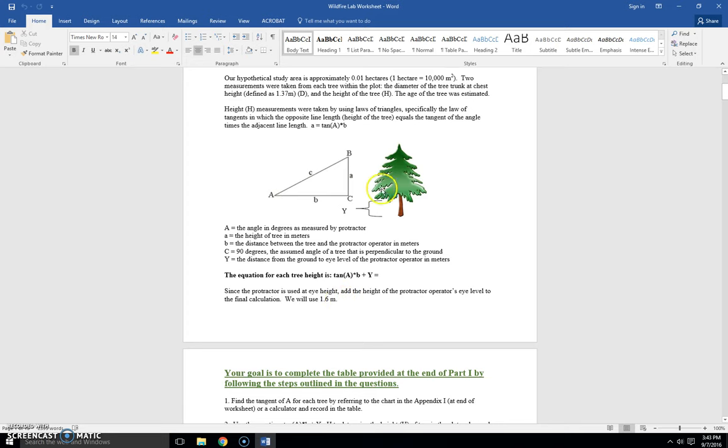And to get this whole height of the tree, use this equation here. So use tangent A, this angle here, which I've given you, times B, this length, which I've also given you, plus y, which I've given you.